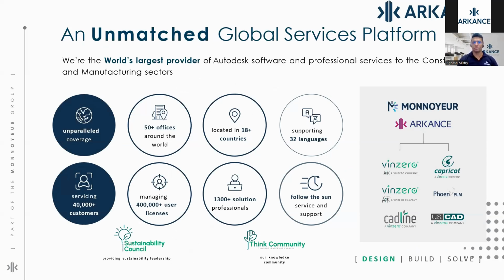In India, we are present in all the major cities, in Gurgaon, Mumbai, then Bangalore. Pretty soon we will also be having a presence in Kolkata, on the eastern side of India. But still, we do cater to our eastern clients all over pan India.